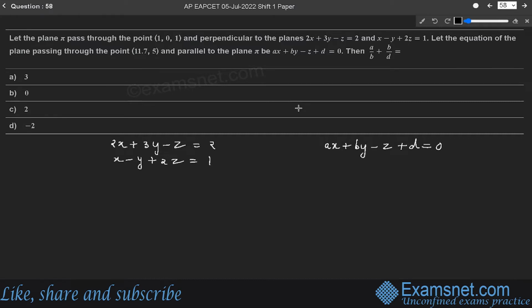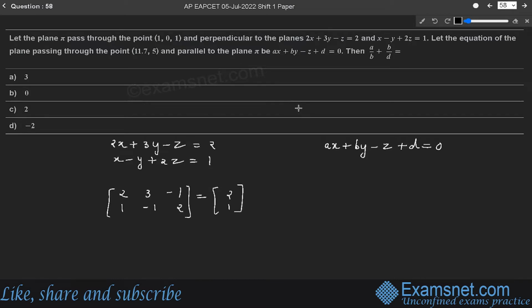So first we have to calculate the values for a, b and d. Two equations are given and out of these equations a matrix can be written which is 2, 3 and -1 and 1, -1 and 2, equal to 2 and 1.